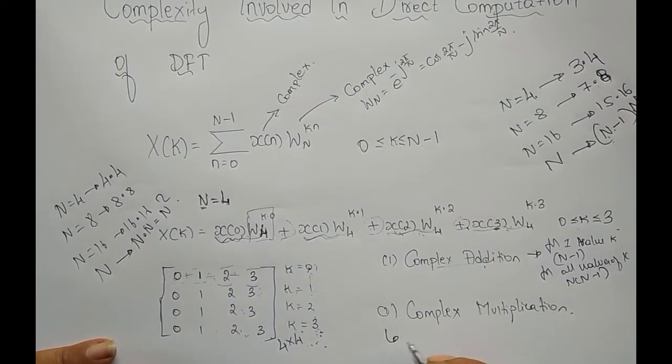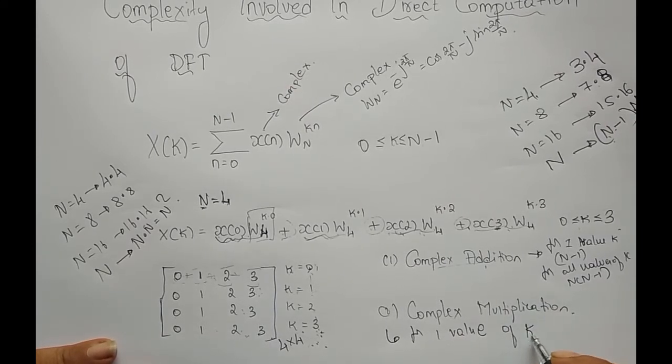Okay, so for one value of k, it requires N complex multiplications.